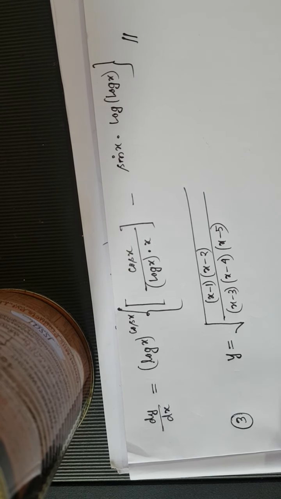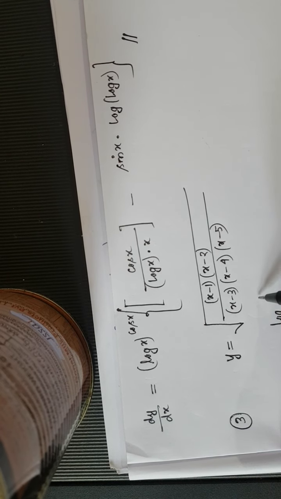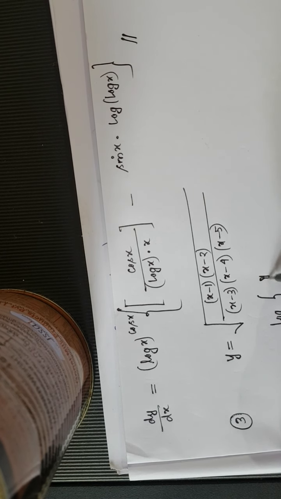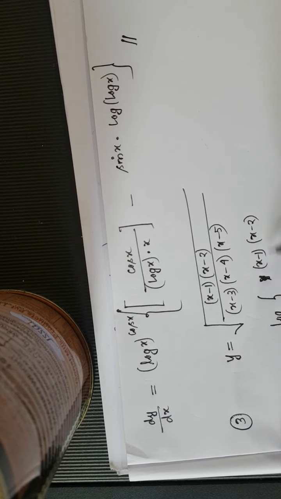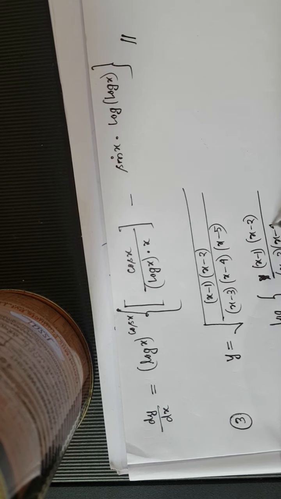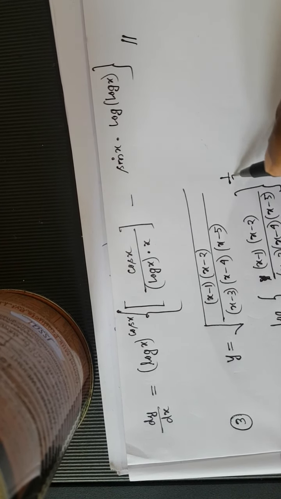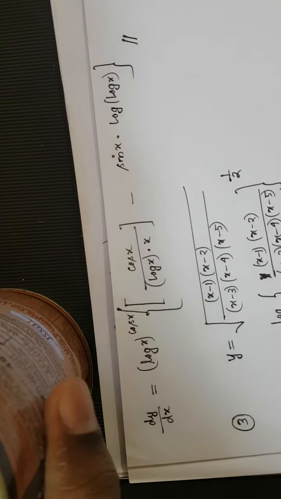If you take log y, this is log of (x minus 1)(x minus 2) divided by (x minus 3)(x minus 4)(x minus 5) to the power half. This is half, this is power.